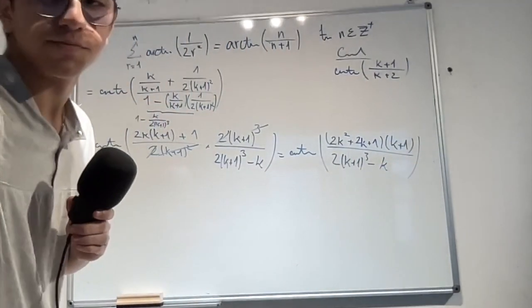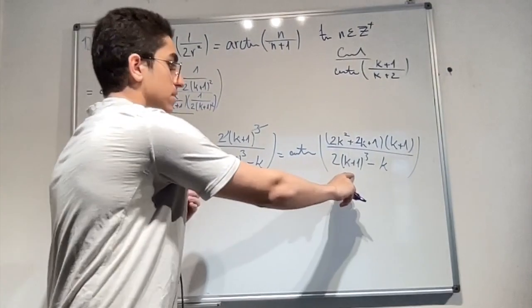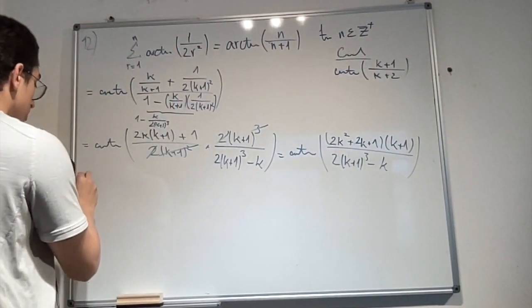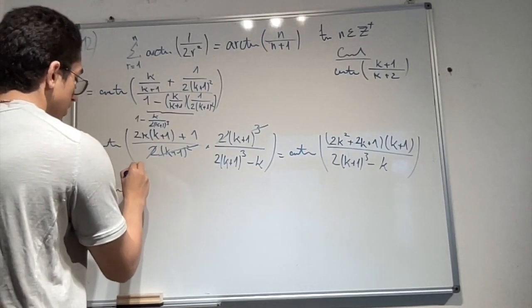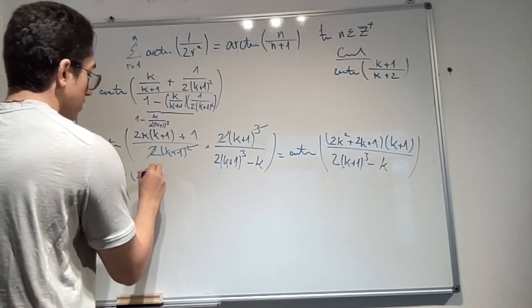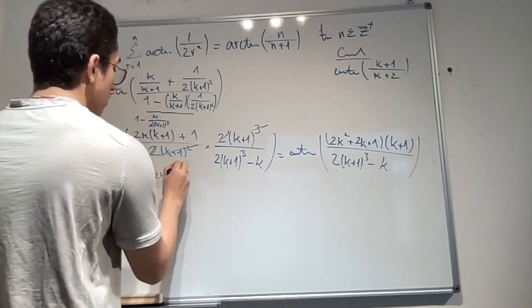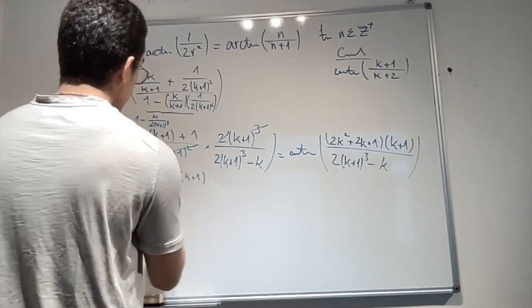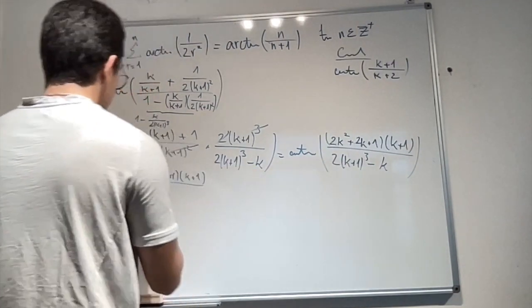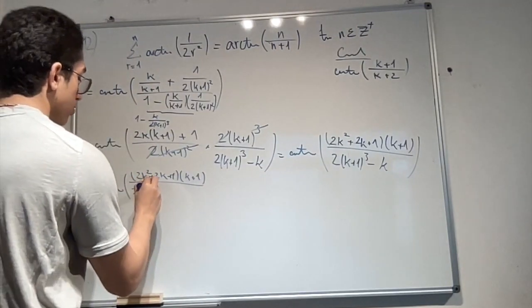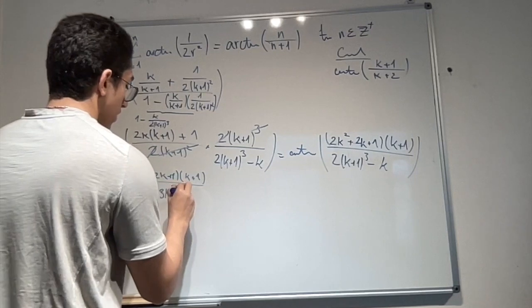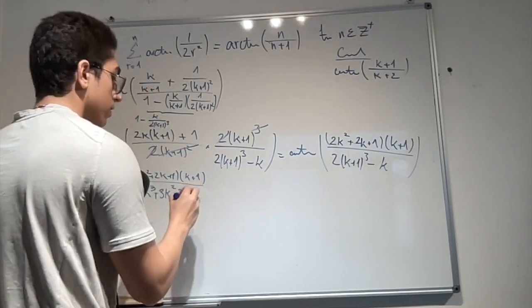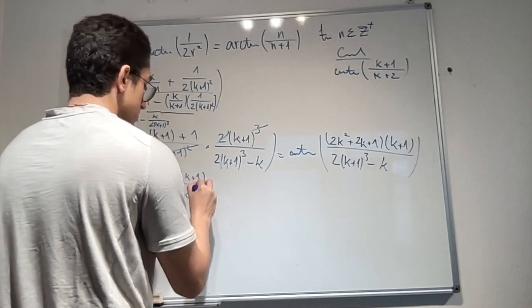All right, so now I'm going to expand the denominator. So arctan of 2k squared plus 2k plus 1, times k plus 1, over 2k cubed plus 3k squared plus 3k plus 1, minus k.